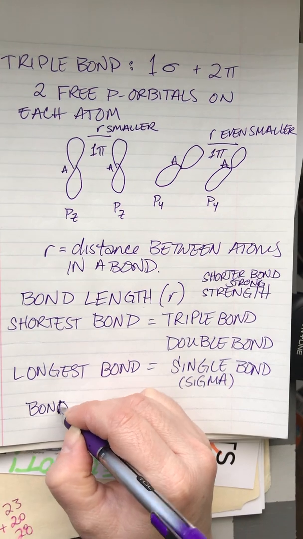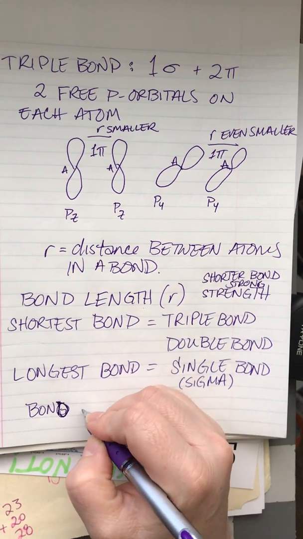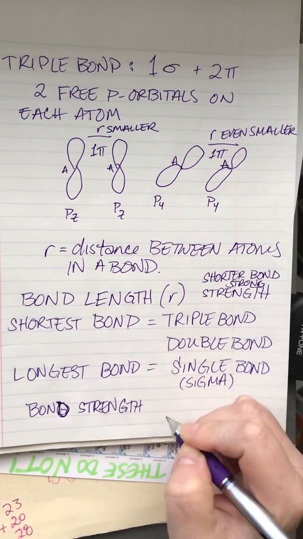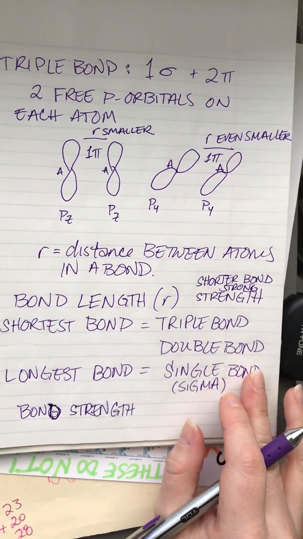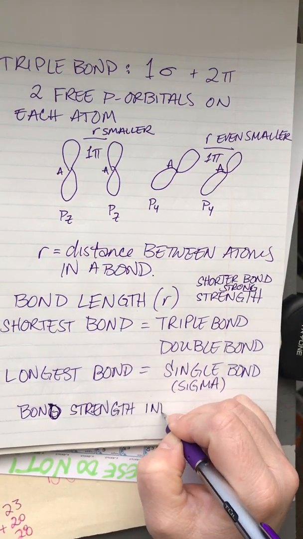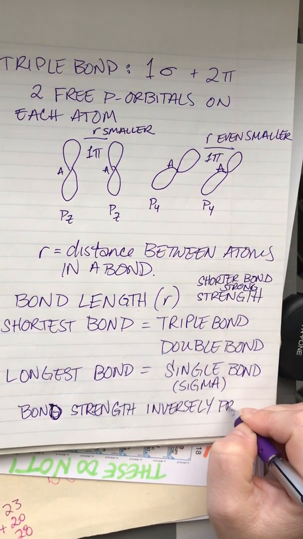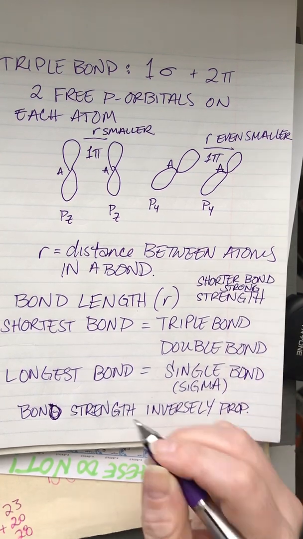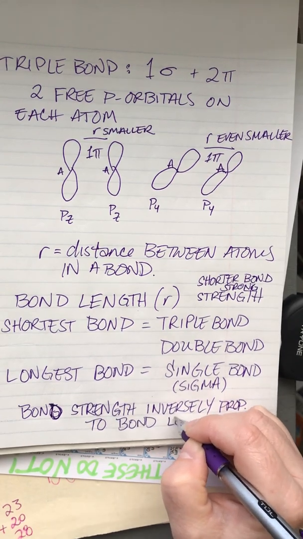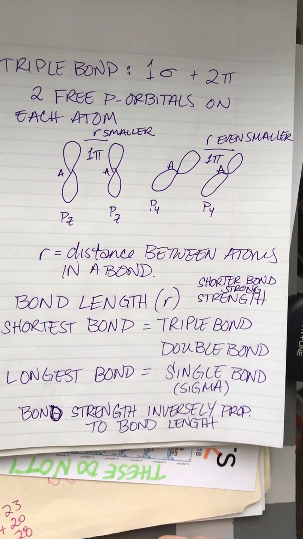Bond strength is inversely proportional to bond length.